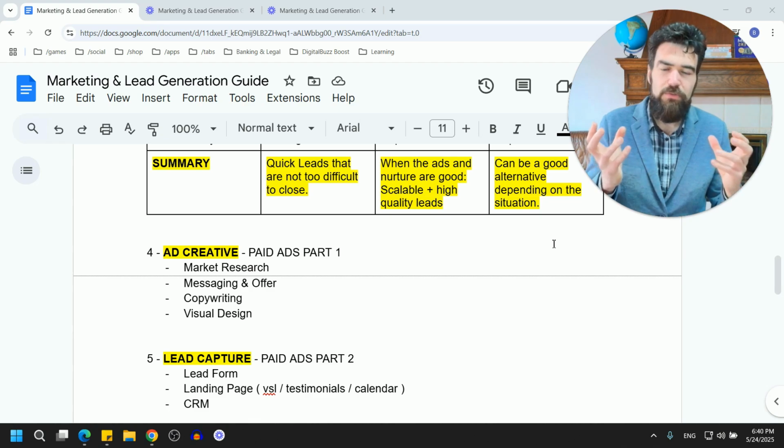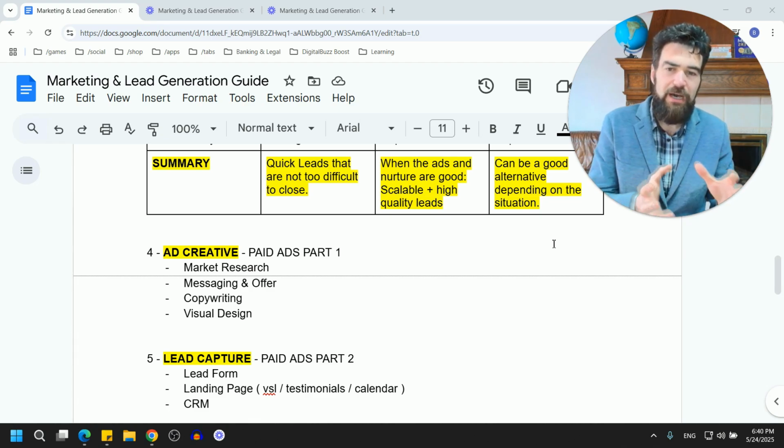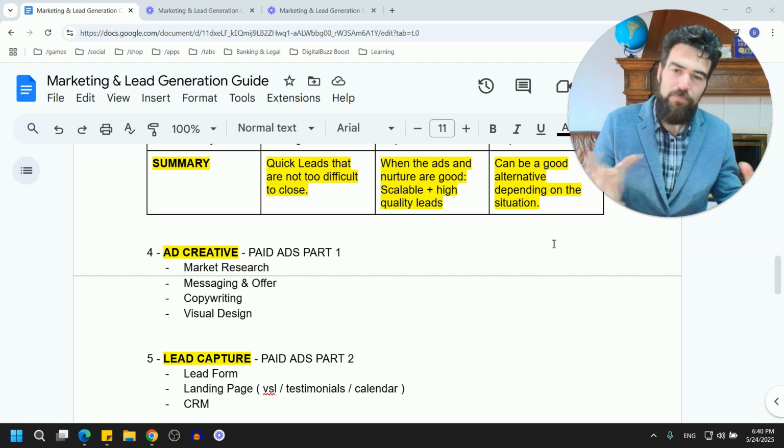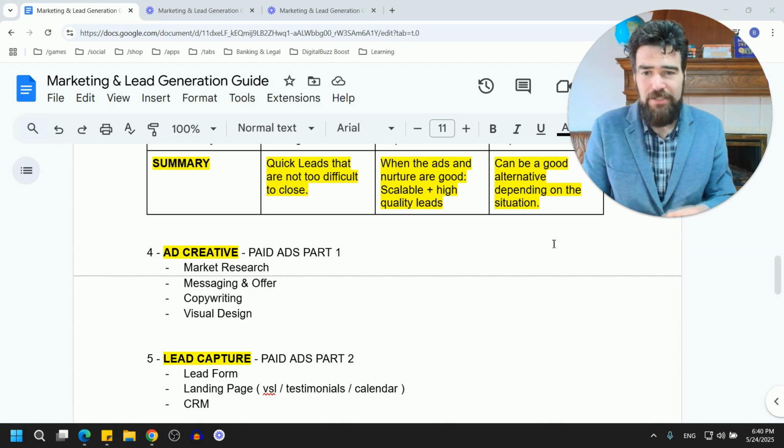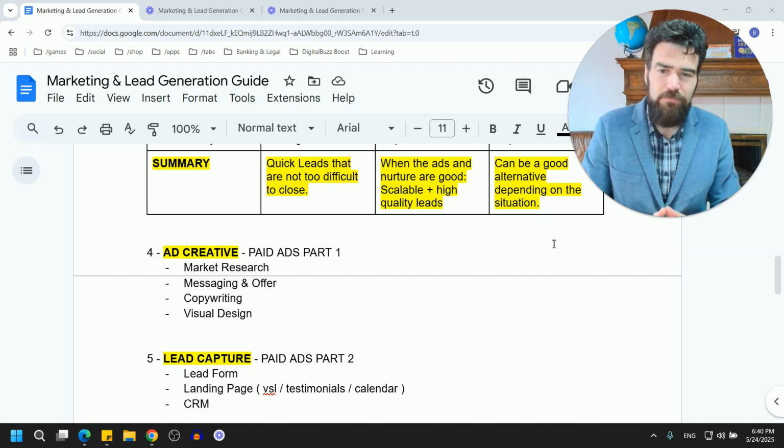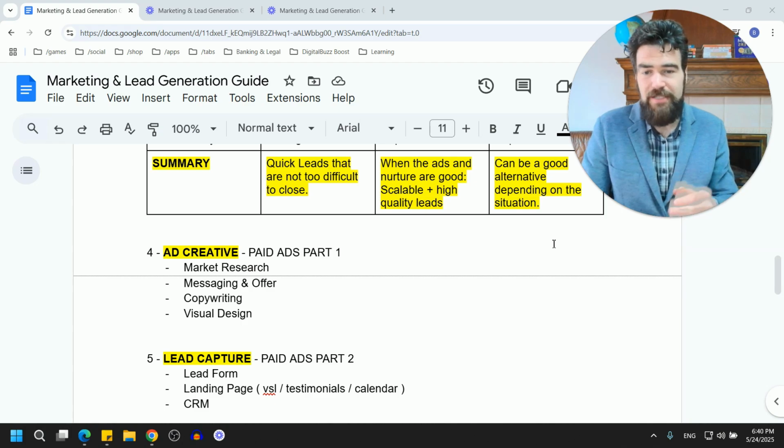Those two are the most high-level things within marketing, but especially in paid advertising. It's messaging and offer. So to create good messaging and a good offer, we need to do a lot of market research.